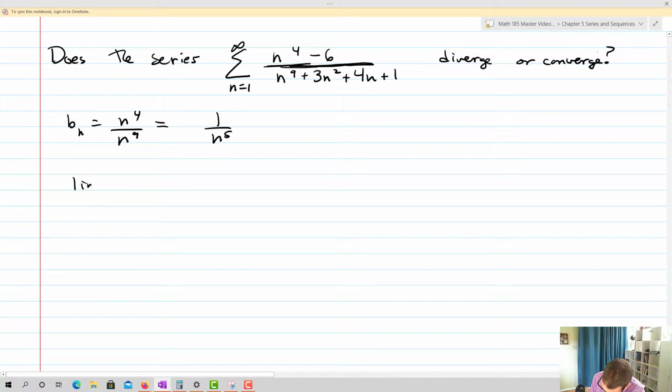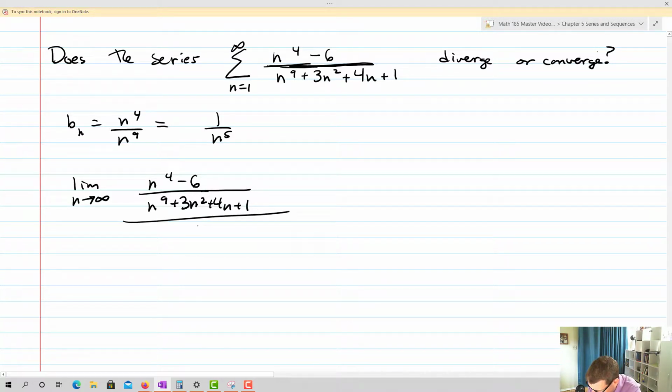I'm going to take the limit as n goes to infinity of n to the 4th minus 6 over n to the 9th plus 3n squared plus 4n plus 1, and I'm going to divide that through by n to the 4th over n to the 9th. We want to remember that little trick that we did before.